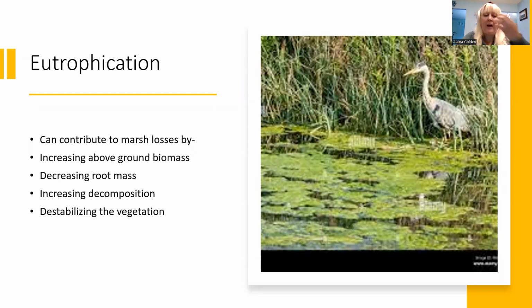And if you have this high above ground biomass and a decreased root mass, it's not going to take much wave action to knock over some of these larger top heavy plants that are again going to just build up, be more decaying matter, and cause that buildup of sedimentation. This picture here is basically a stock photo, but you can see the algal bloom buildup, eutrophication in this photo.